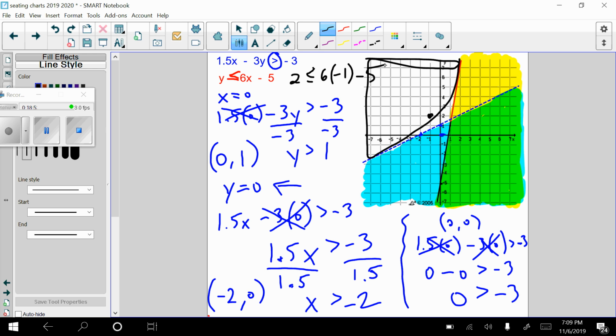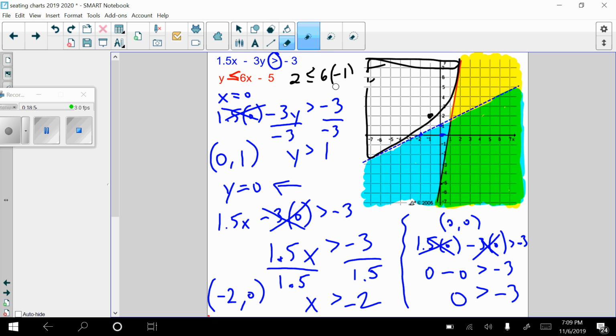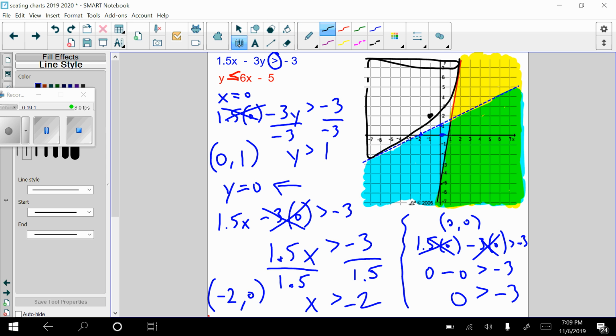Now if I plugged it in for the top equation, and if all of this is getting more confusing, you need to keep watching. It's just for you people. I'm going to try to go a little deeper. If I plug it into the top equation, again, I'm testing -1, 2. So I would say, okay, well, 1.5 times -1.